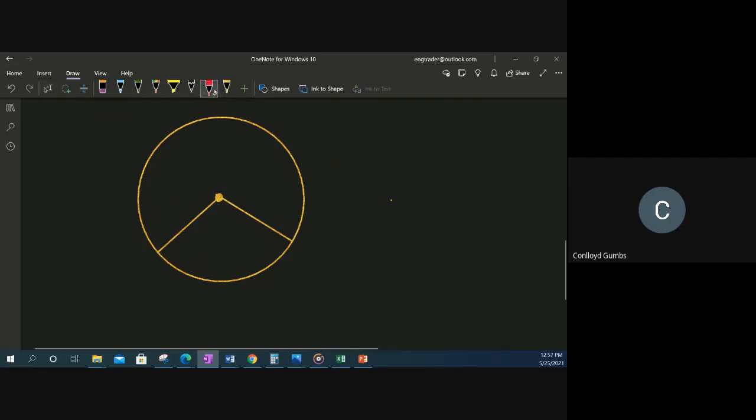Without saying it, I know that these two lines are the same length. Say I was to connect this as a triangle. I know that these are the same length. How do I know that? Well, just look at it. Let's change the color of these so we could stand out. We want the triangle to stand out.